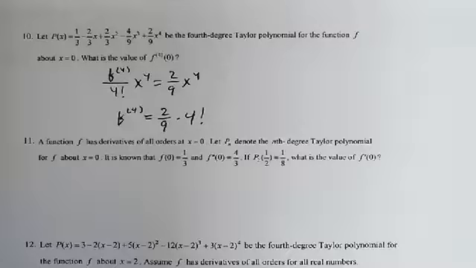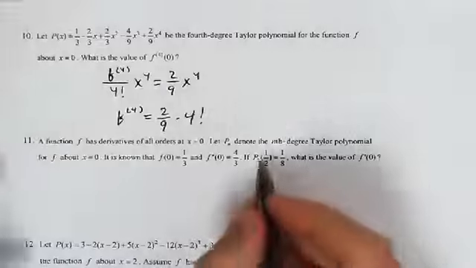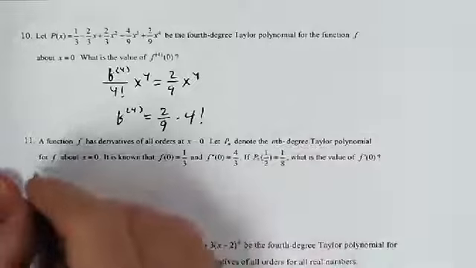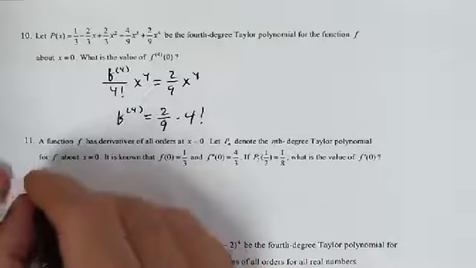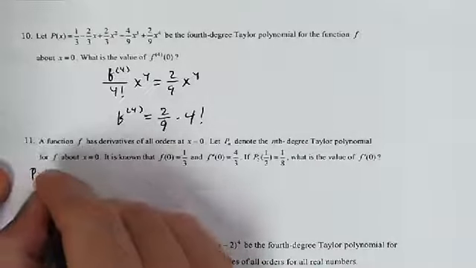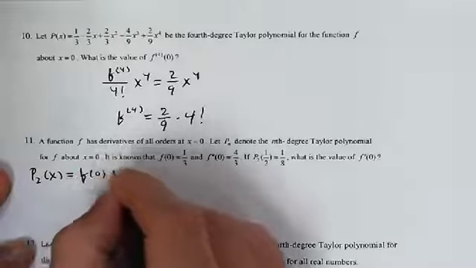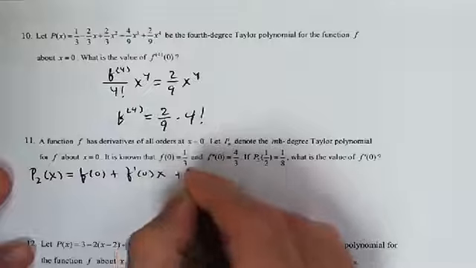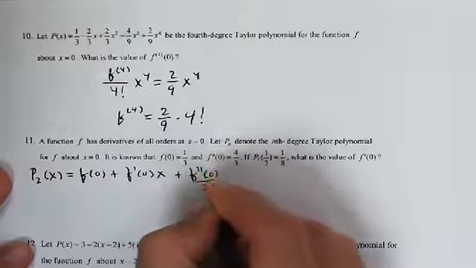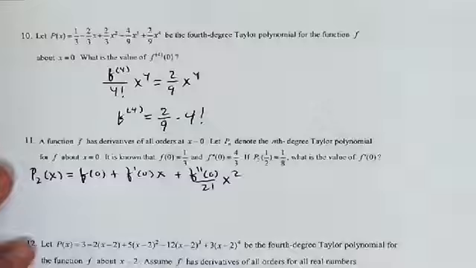Okay, let Pn be the nth degree Taylor polynomial for f around x equals 0, making it a Maclaurin polynomial. They're giving me, oh, this one is really interesting. All right, so I want the second degree polynomial. The second degree polynomial for f around x equals 0 is equal to f of 0 plus f prime of 0 times x plus f double prime of 0 divided by 2 factorial times x squared.